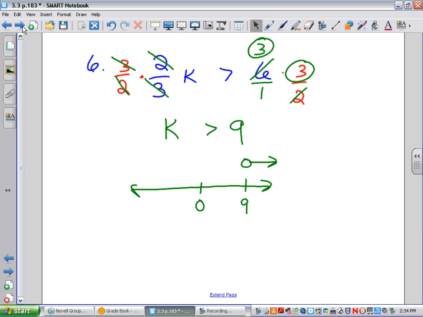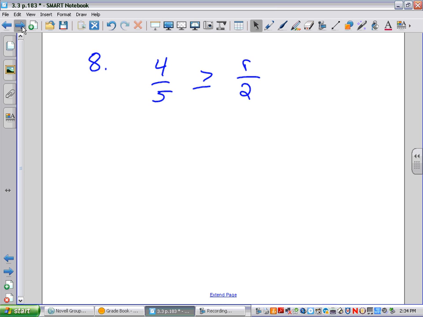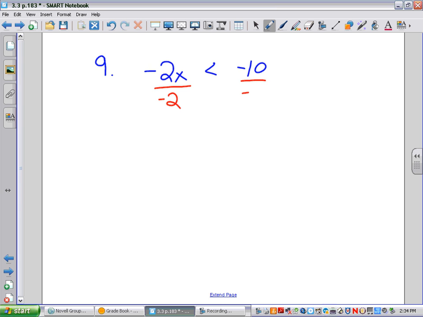2 more problems. Number 9. Look at number 9 on your paper. Here's some negatives. Negative 2x is less than negative 10. Well, I simply divide by negative 2. And I'm dividing by a negative, which makes me switch my sign.